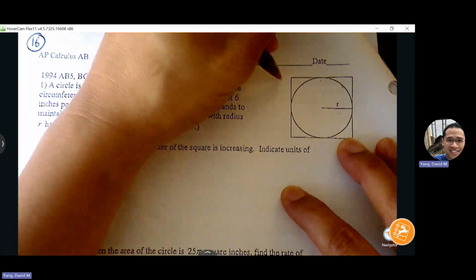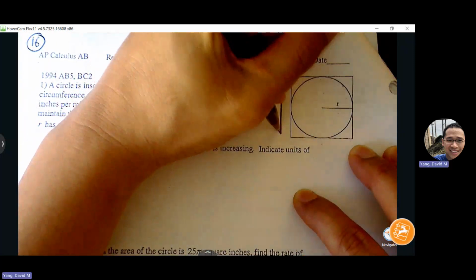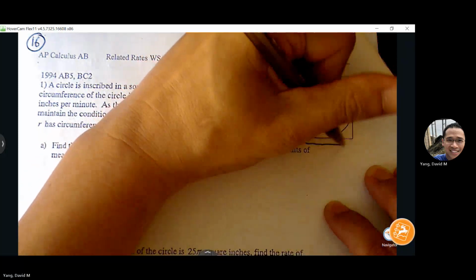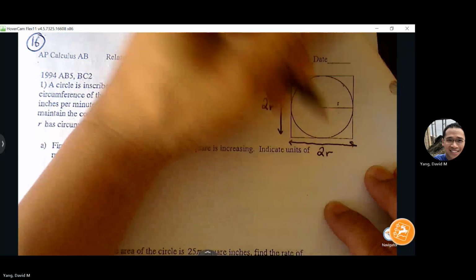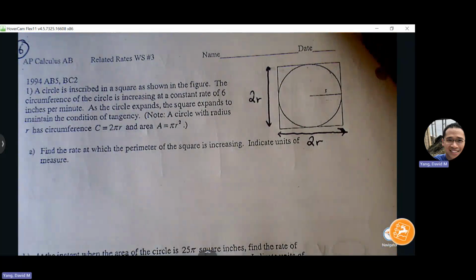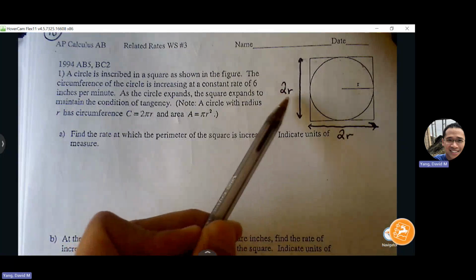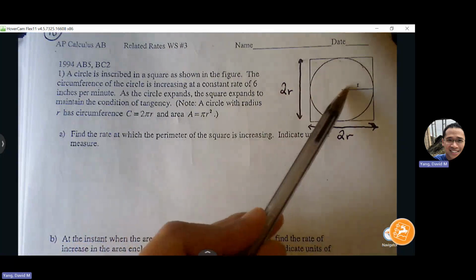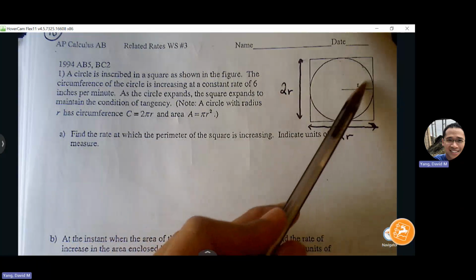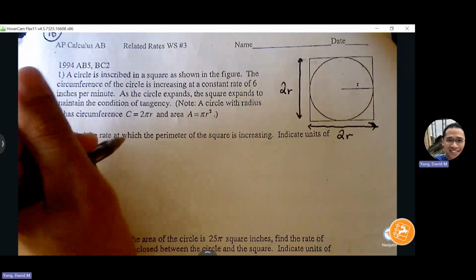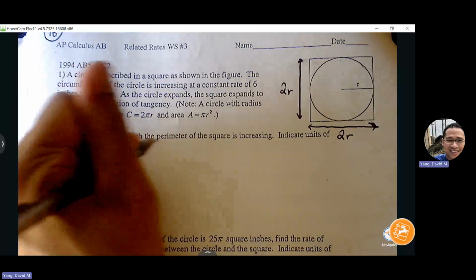It's 2D. 2r, right? So we want to minimize the number of variables involved, right? If we start involving x or calling it a different variable, then we lose that connection with what we have here. Okay. Before we can find the rate at which perimeter is increasing, let's first build the perimeter, right?